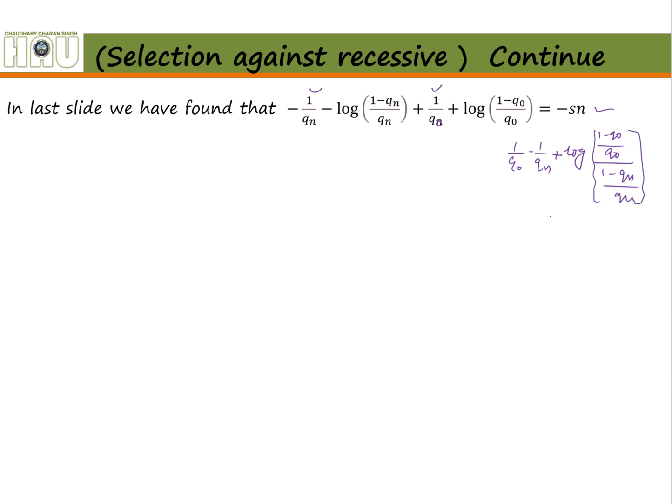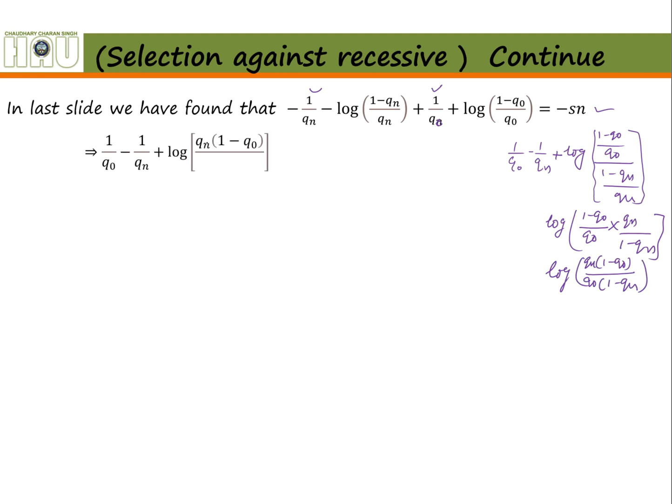When I simplify this part, I will get log of 1 minus q0 upon q0, times qn upon 1 minus qn. So ultimately I will get log of qn into 1 minus q0 over q0 into 1 minus qn.